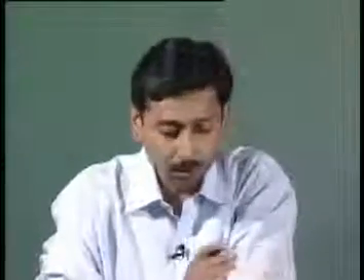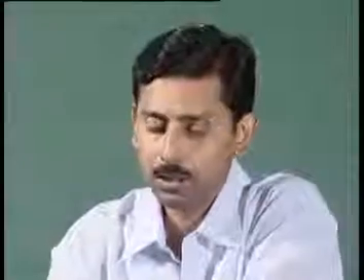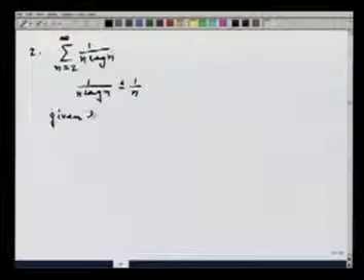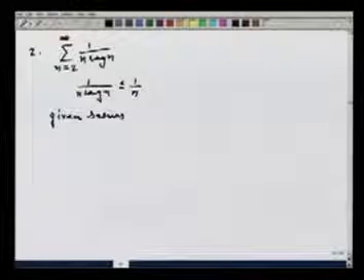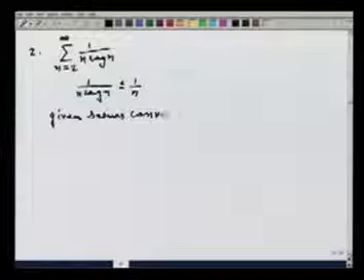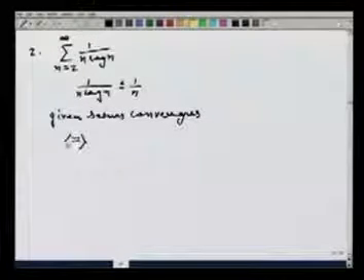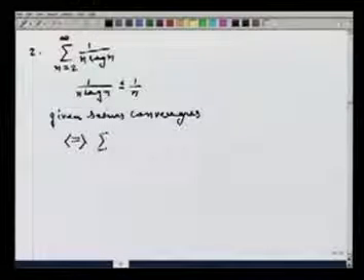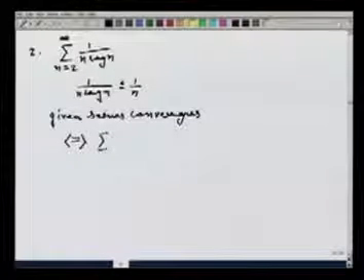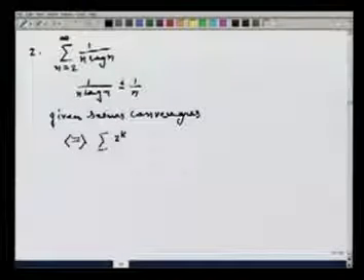So to tackle the problem, we use Cauchy's condensation test, because the terms here are non-negative, and at the same time decreasing. So Cauchy's condensation test can be applied. So the given series converges if and only if, by Cauchy's condensation test, summation 2 to the power k into a 2 to the power k converges.